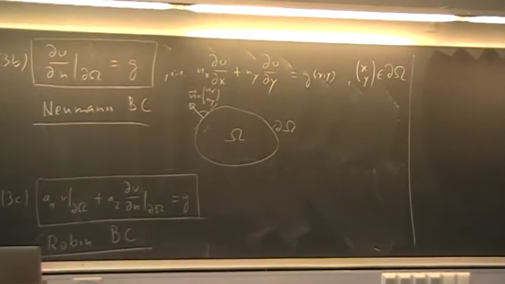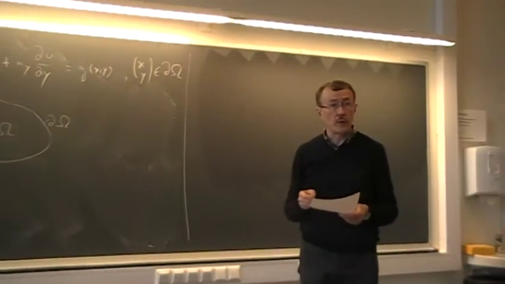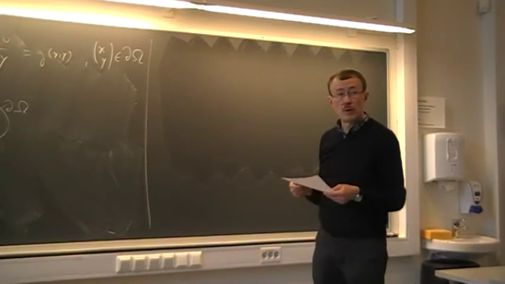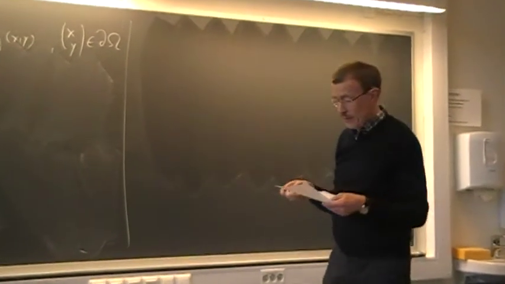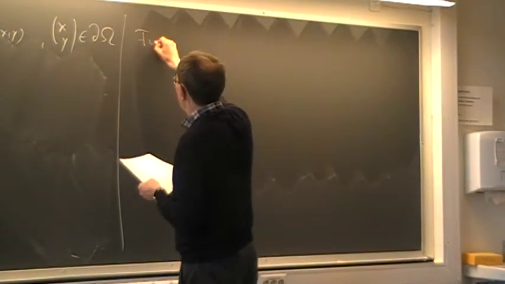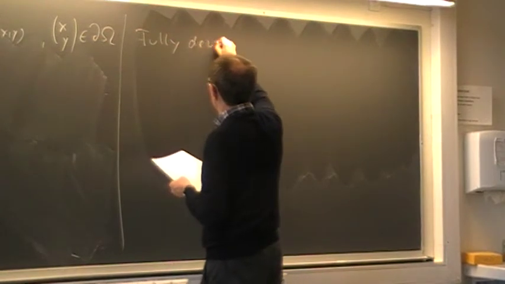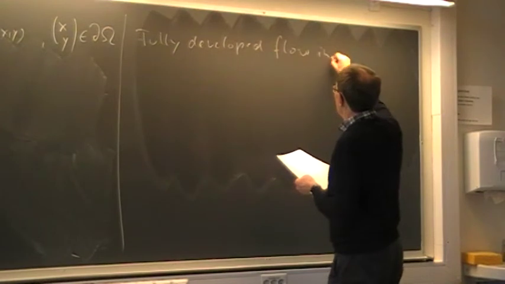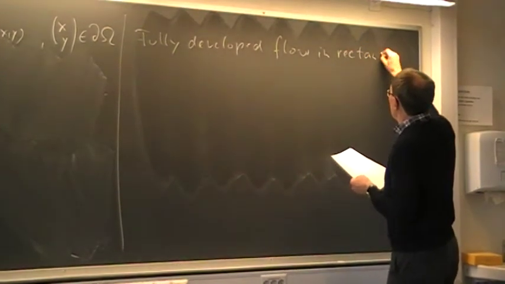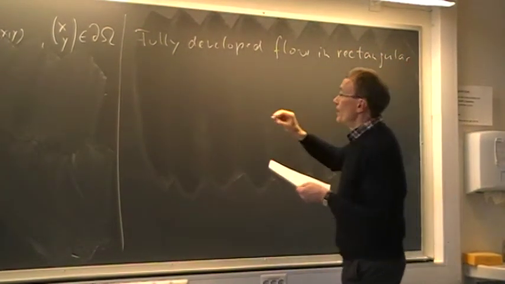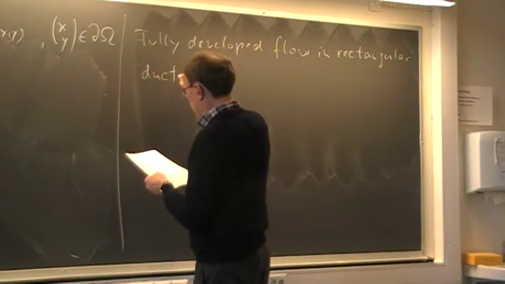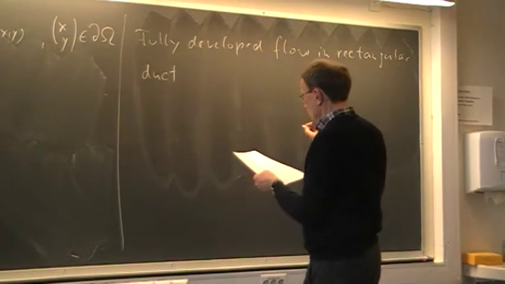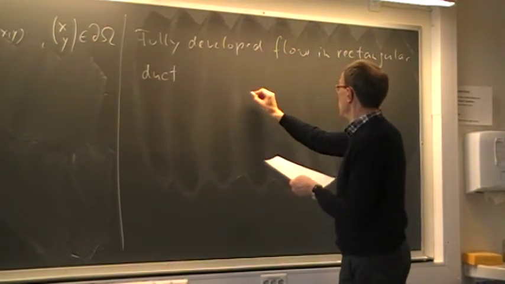We have already seen one nice example on Tuesday with Radar, and that is fully developed flow in a rectangular duct. So we have the following situation. We have a rectangular duct.